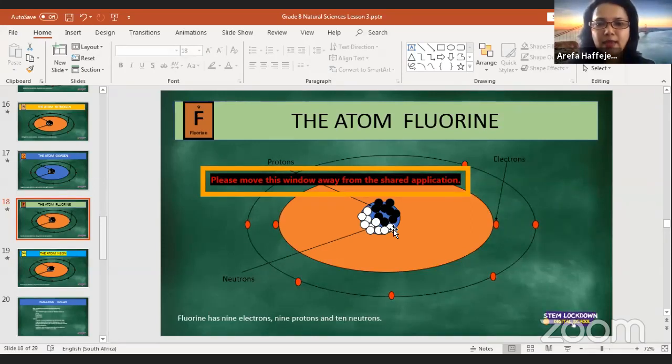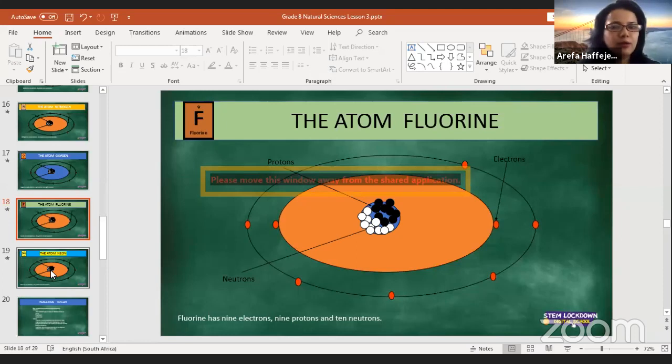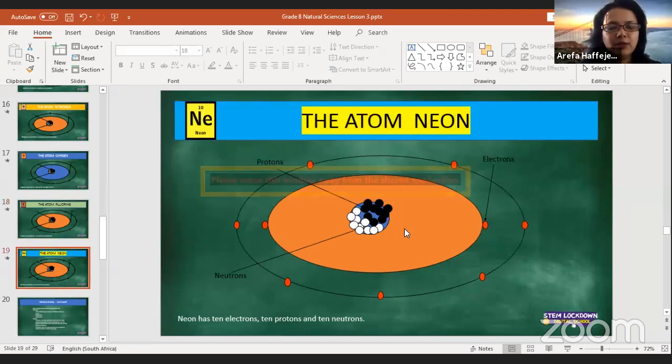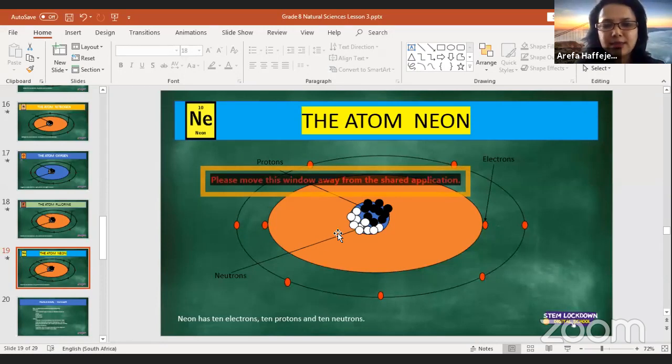So we have in here, again, our protons, we have our neutrons, and orbiting all around are your electrons. Right, so then the atom neon. Neon has the atomic number 10. Now, because it has an atomic number 10, it would mean that there are 10 protons inside the nucleus with 10 electrons outside of it. And it also has 10 neutrons.